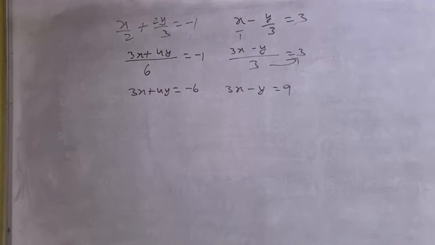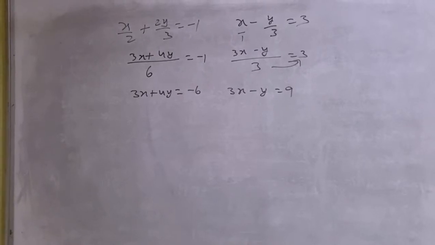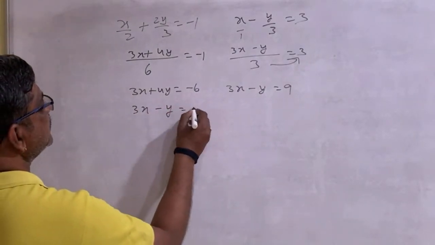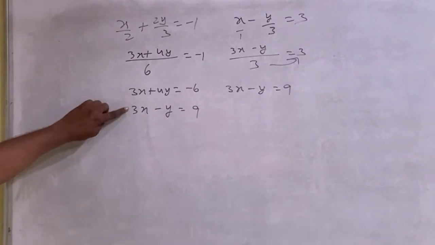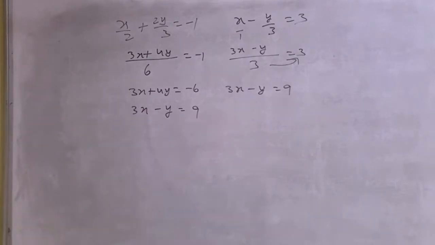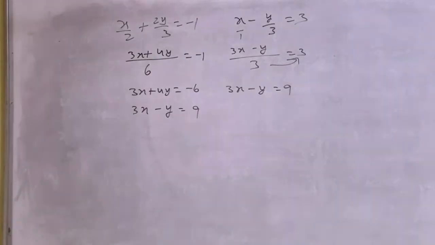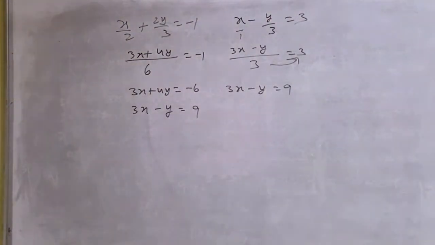Why do we have to go to y? Consider x only. Coefficients are equal and signs are also equal, both positive. So what do we have to do? Add or subtract?